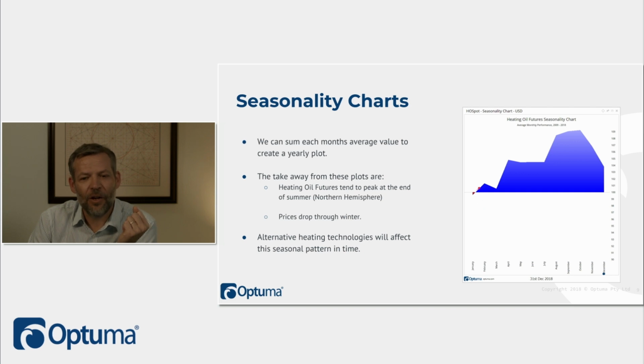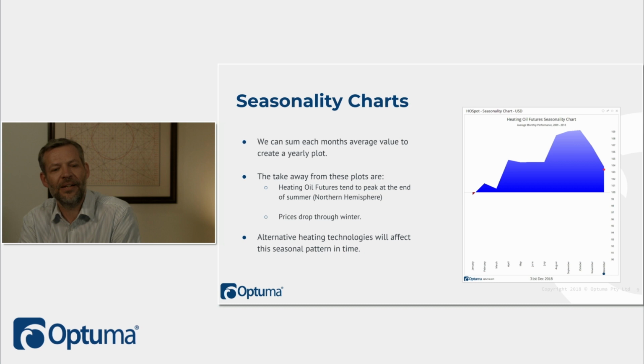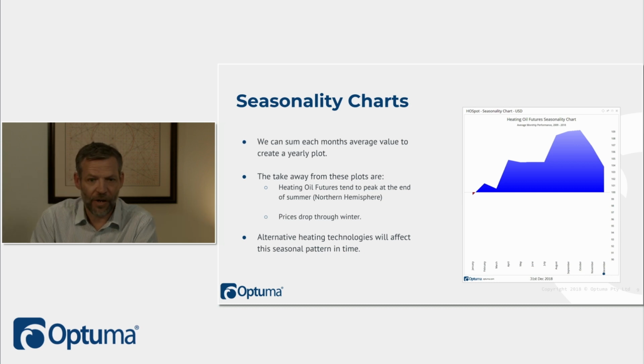We start low, we go up, and it comes down into March, and then massively up as summer occurs and the futures are getting pushed out there, and then a bit of a flat line through summer, but towards the end of summer is where we hit our peak prices before we fall into winter again. That's the seasonal pattern that we've seen on heating oil over time.